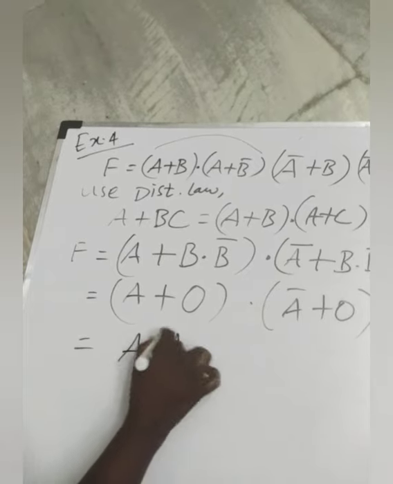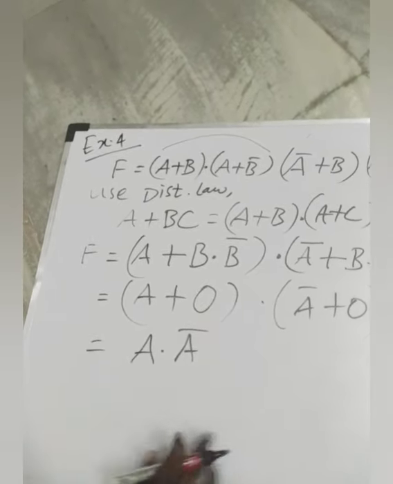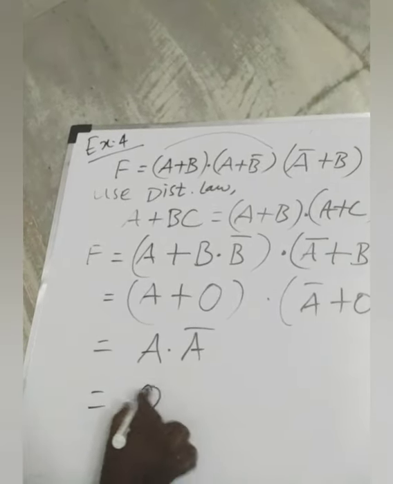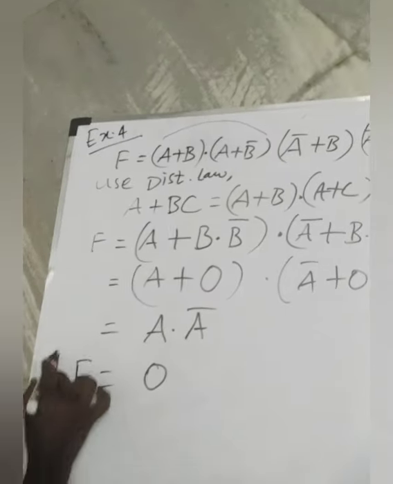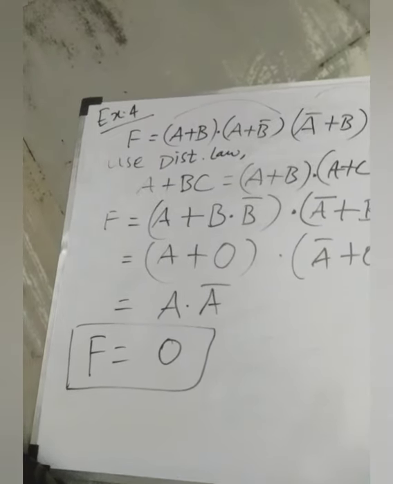So a·ā, and this will also give 0. So this is your finalized Boolean expression.